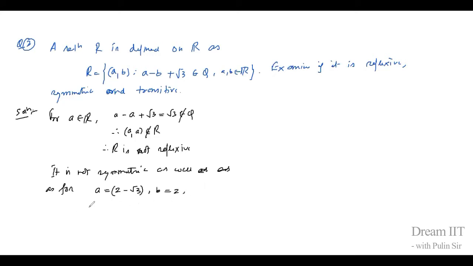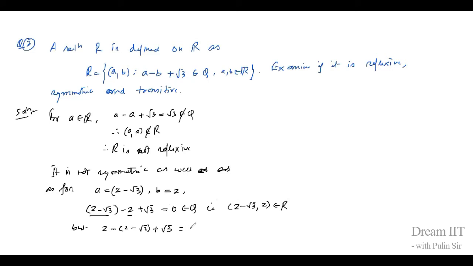For this, what will happen? 2 minus root 3 minus 2, that is A minus B plus root 3. This is going to give you what? 0, and 0 belongs to Q. That is, you have got (2 minus root 3, 2) belongs to R. But what will be the reverse? This time B will come forward: 2 minus (2 minus root 3) plus root 3.